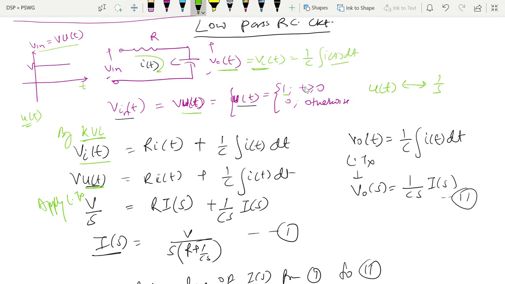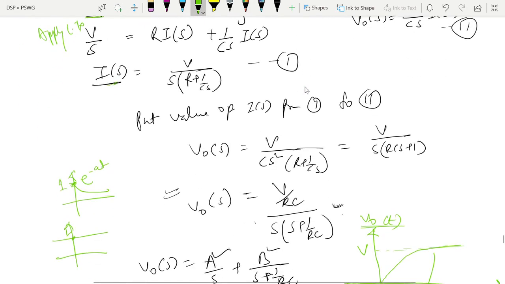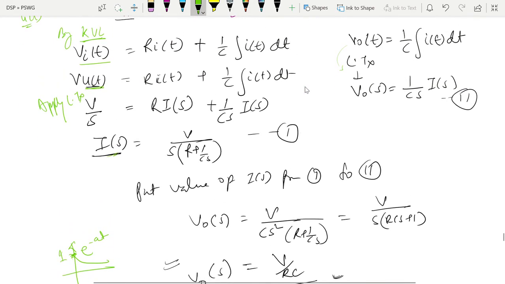After the Laplace transform, we put the integration as 1 by S times I(s). So this is equation 1 and 2. After putting the value of I(s) in the second equation, we get V naught(S) equals V by Cs squared R plus 1 by Cs.